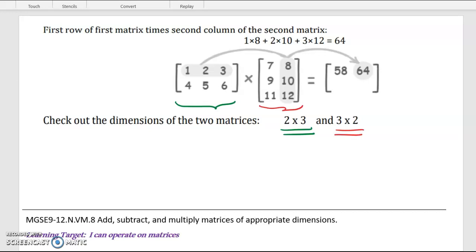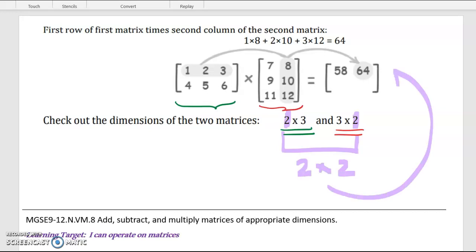The only way you would be able to multiply two matrices is if the number of rows and the number of columns, right? That's going to give me the size of the actual answer, right? But for you to be able to actually multiply, you notice we had 3 entries across and 3 entries down.